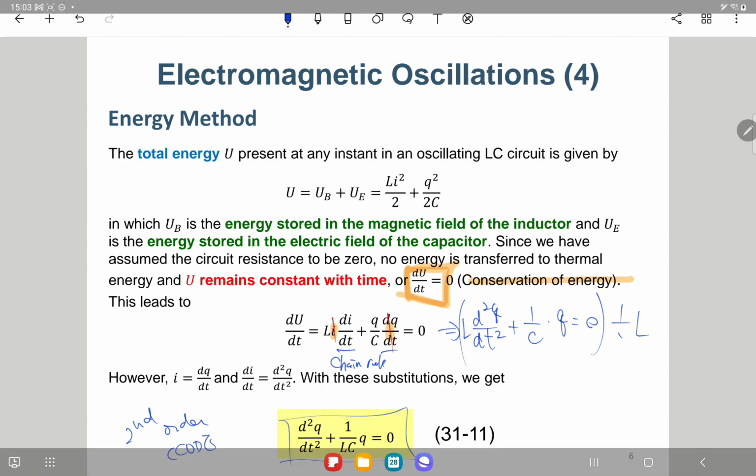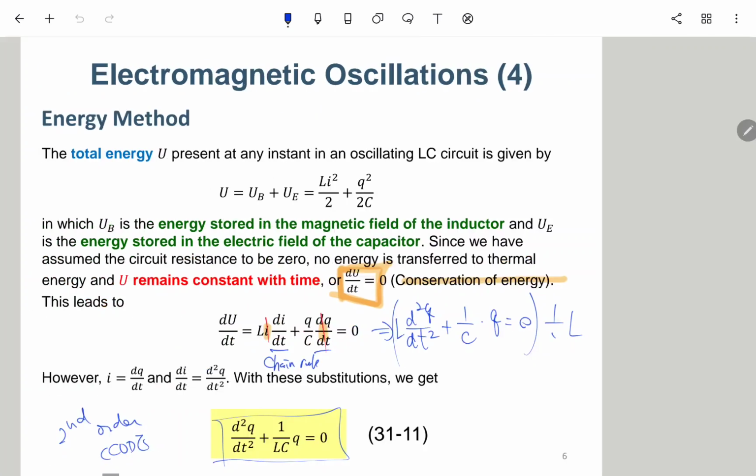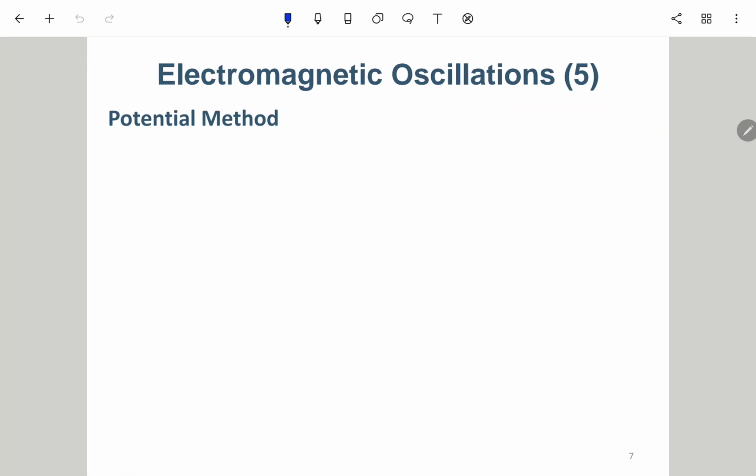Okay, so we have this. And actually, we can use another method, which is the KVL. So I try to derive it like this.